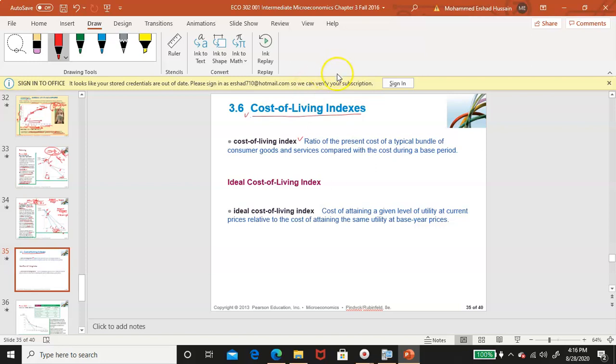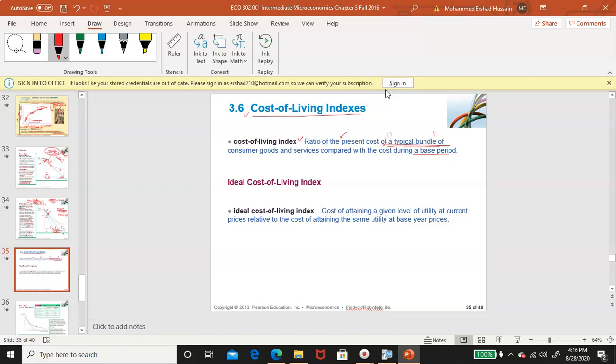So we find the present cost of buying this bundle, and compare it with the cost of buying the same bundle in the base year, and then we find the change in price.